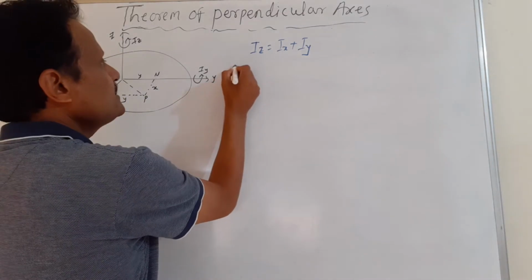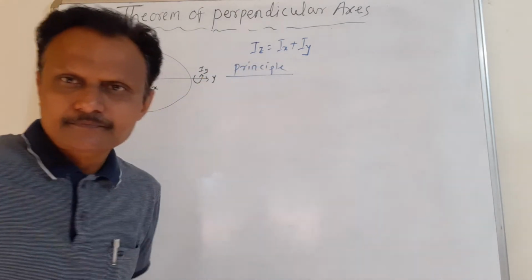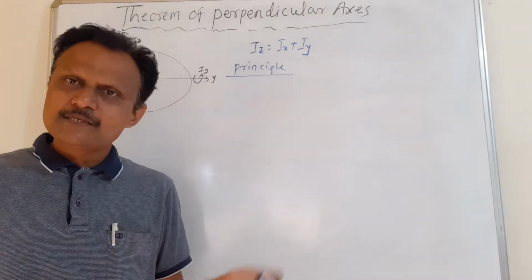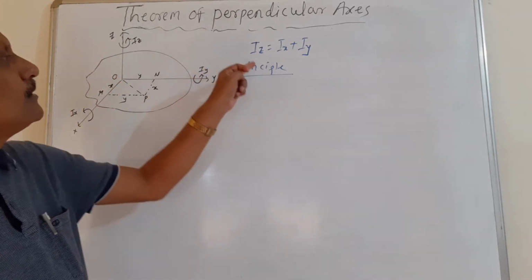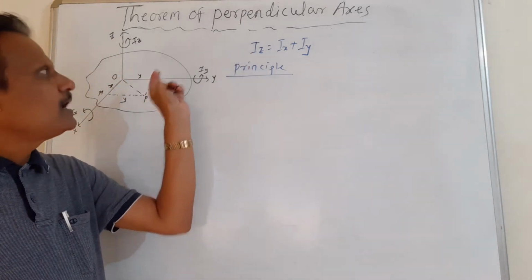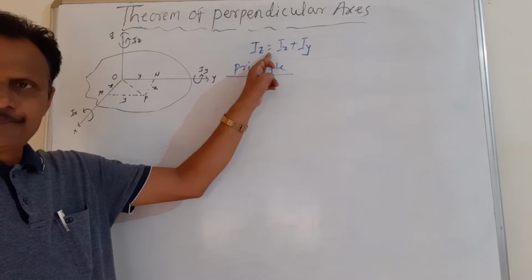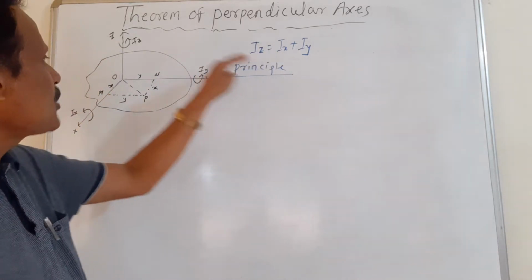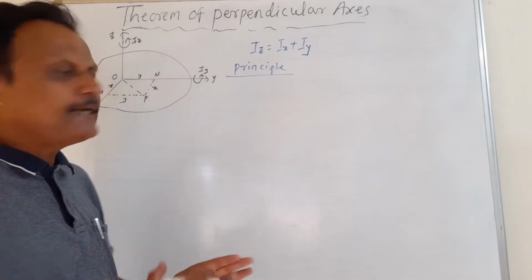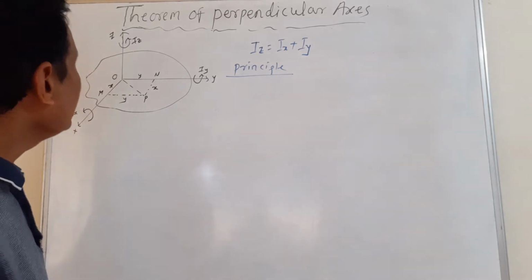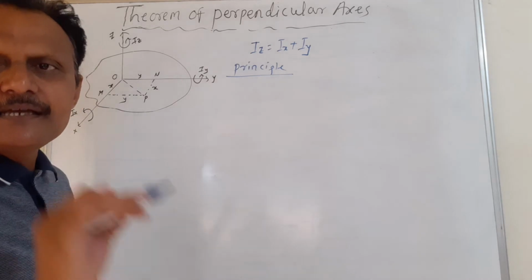Now principle. Its principle means if you know the relation, then you can state the principle, and it carries 1 mark. Okay, so now the moment of inertia of the plane lamina about a perpendicular axis is equal to the sum of the moment of inertia of the plane lamina about two mutually perpendicular axes and they intersecting at point O, where the perpendicular axis cuts the lamina.